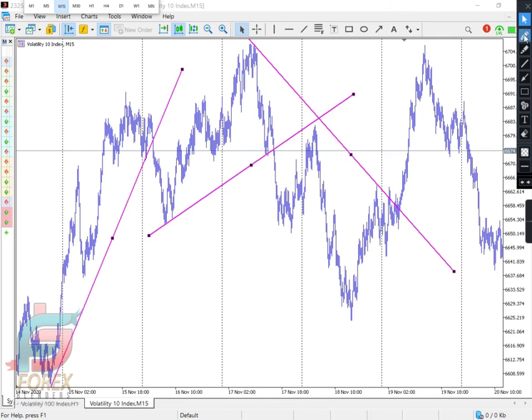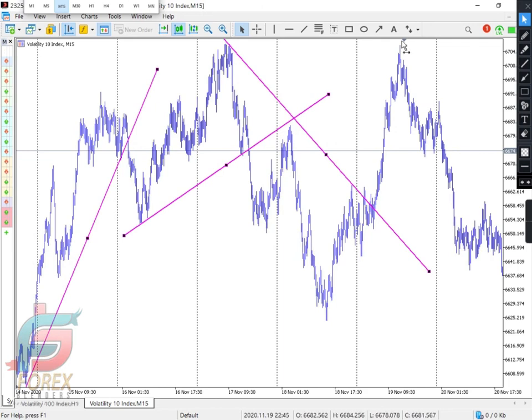Okay, so let me draw the last one, like here. Just plot here, then I'll take this as point A, then I'll take this area as point B here.